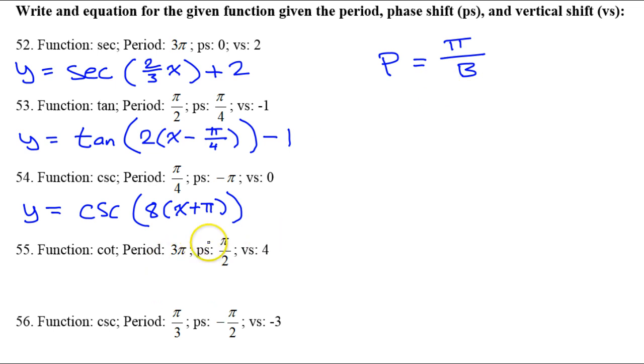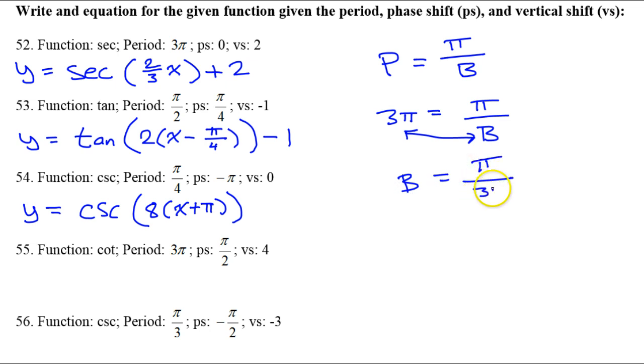Well, they told us that the period is 3 pi, so I have 3 pi is equal to pi over b. Since this is not a fraction, I find it easiest just to swap these two things because that's allowed. So I can put the b out here, and I put the 3 pi here.